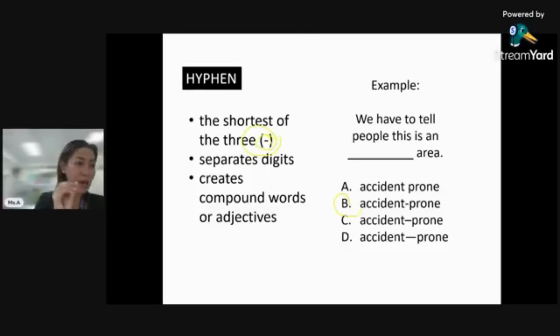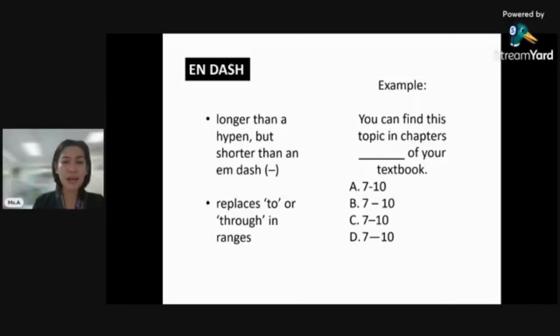Kasi po, pinagsama mo lang yung dalawang salita. Kapag halimbawa naman, medyo mahaba ng konti yung pagkaka-drawing mo dun sa dash or sa hyphen, yan po ay tinatawag na N hyphen or N dash. Okay.